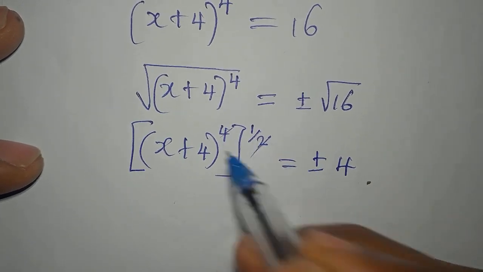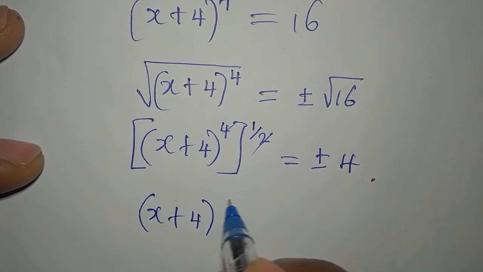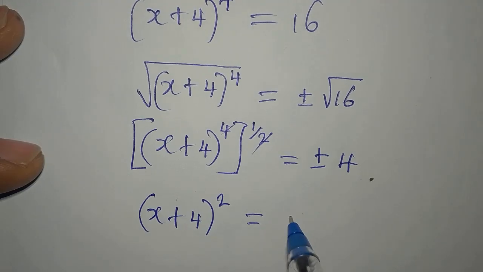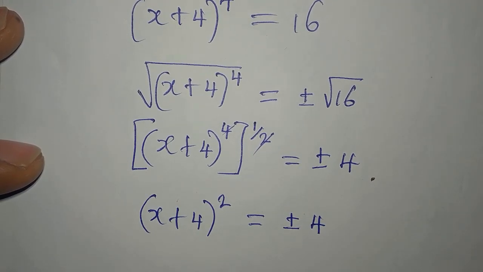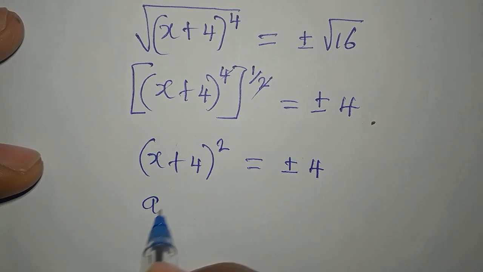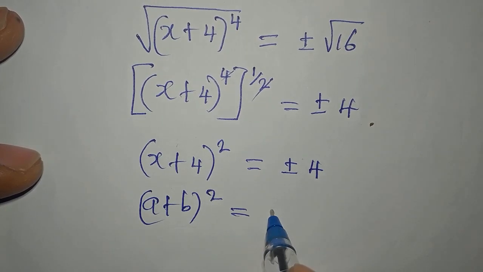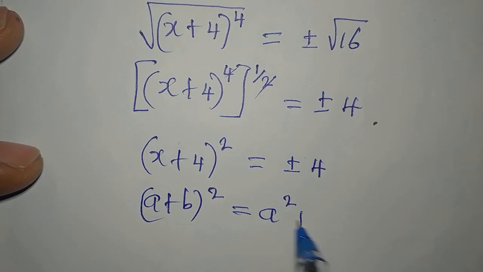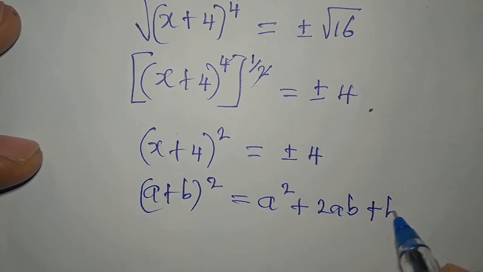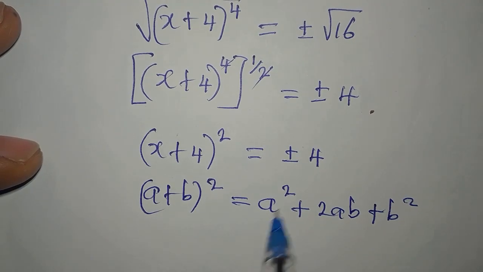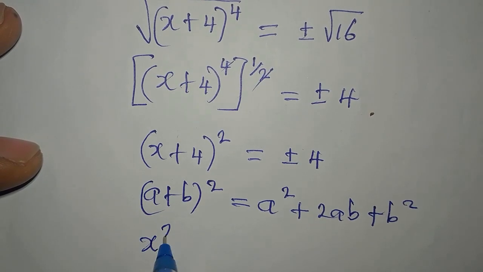Now, this can go there as we have (x + 4)^2 being equal to plus or minus 4. And do not forget that if you have (a + b)^2, you will have a squared plus 2ab plus b squared, right? So a squared will now be x squared.